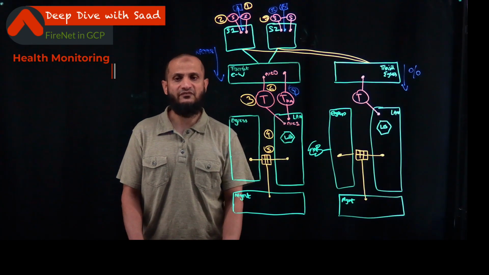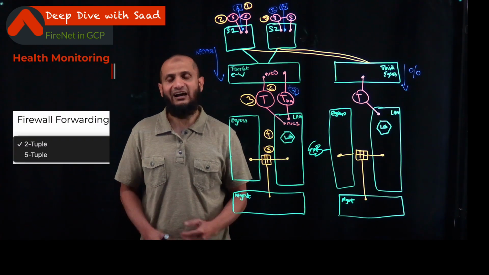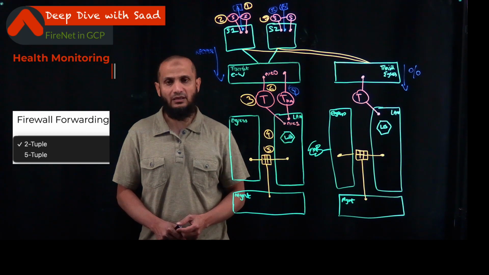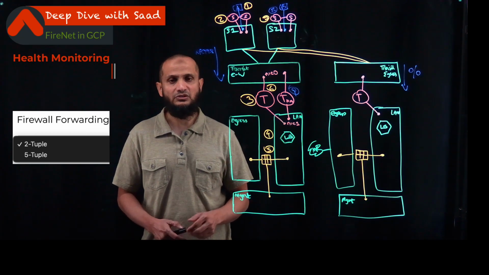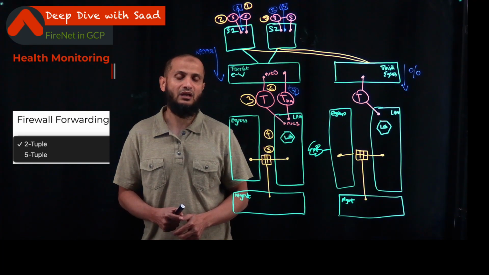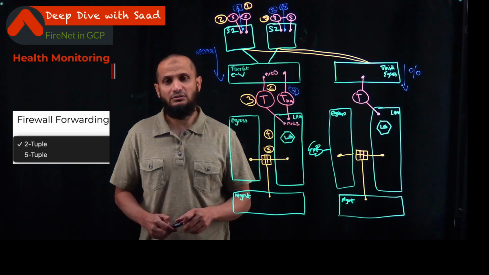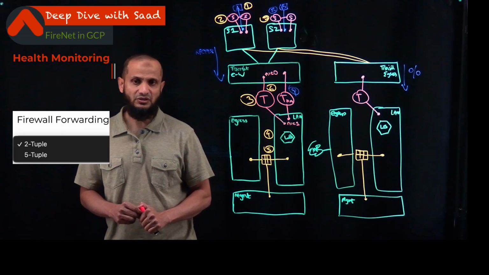Aviatrix provides two different mechanisms of hashing in GCP. 5 tuples is the default mechanism, and 5 tuples means source IP, source port, destination IP, destination port, and then the protocol type. Aviatrix also provides a 3 tuples solution for some legacy applications too.